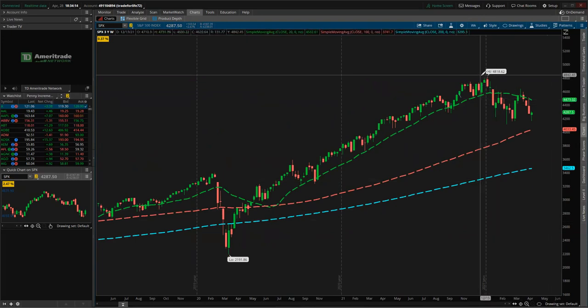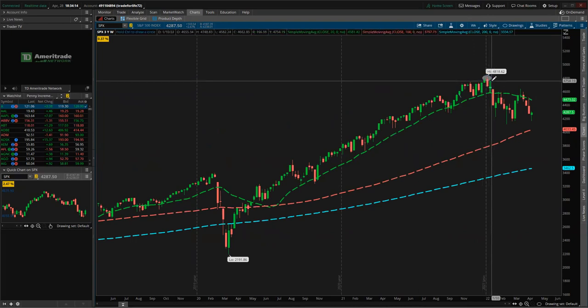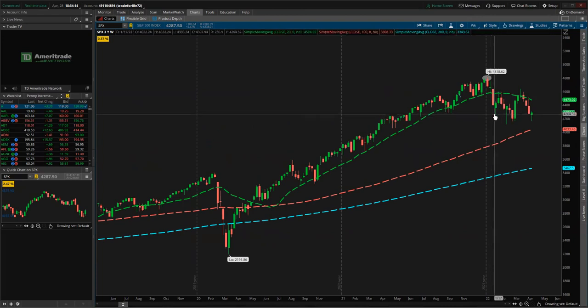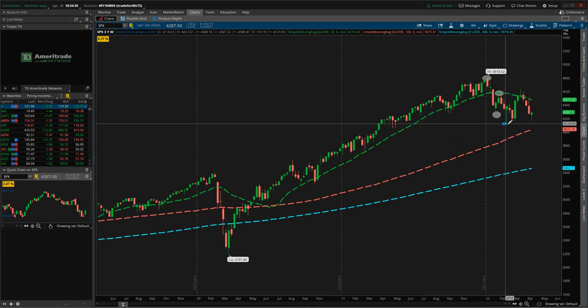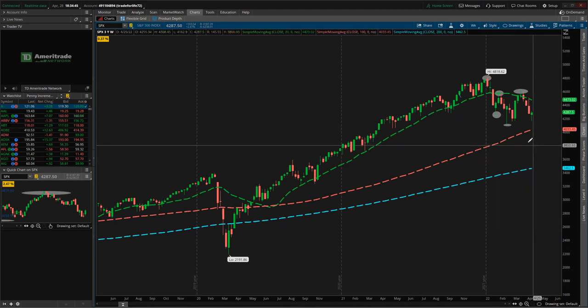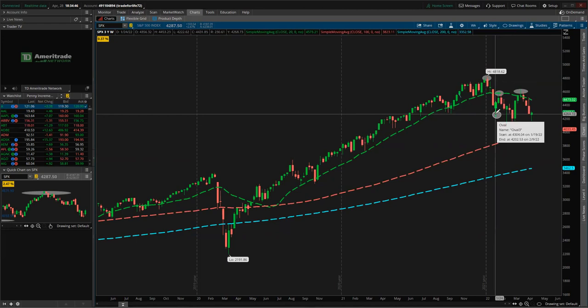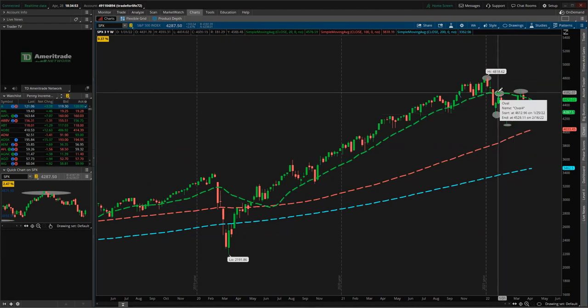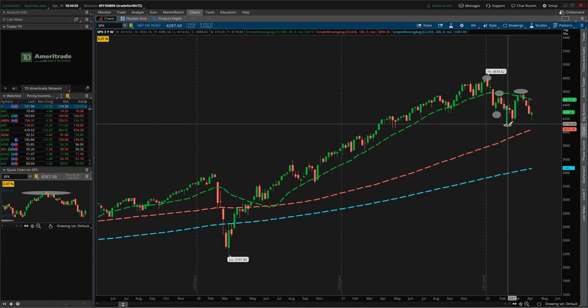If the stock is on a downtrend on the weekly, we have lower lows, lower highs, lower lows.